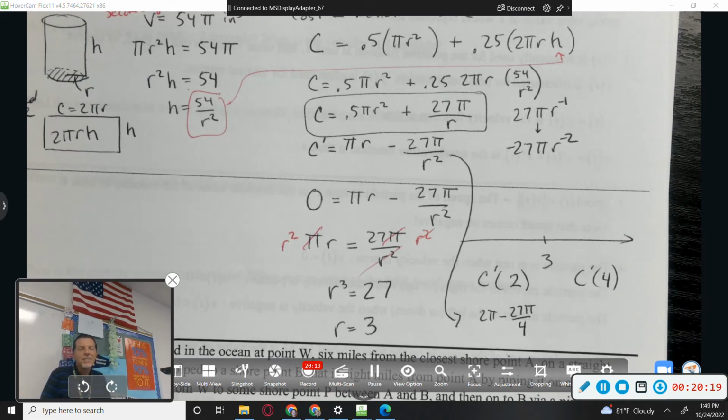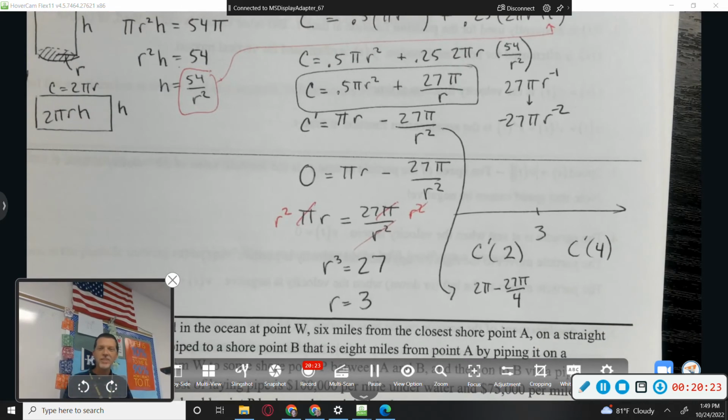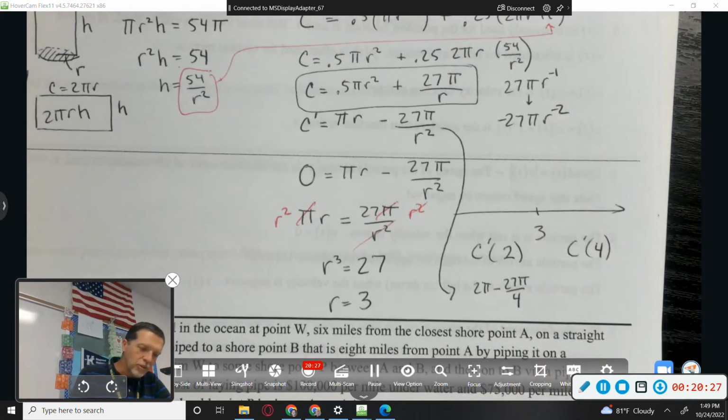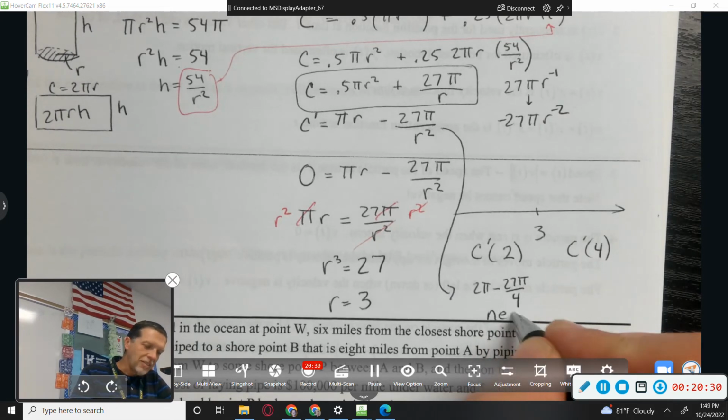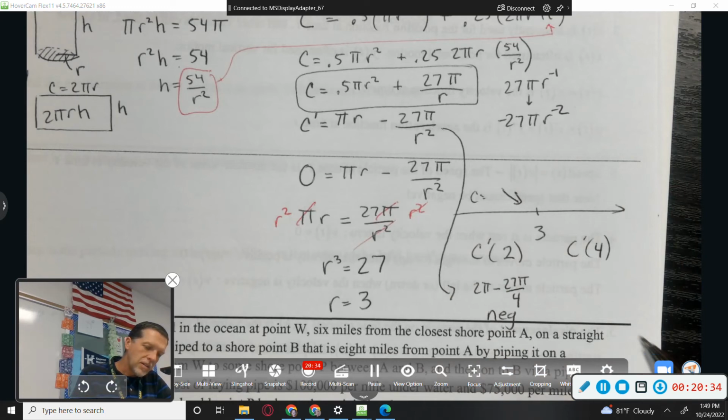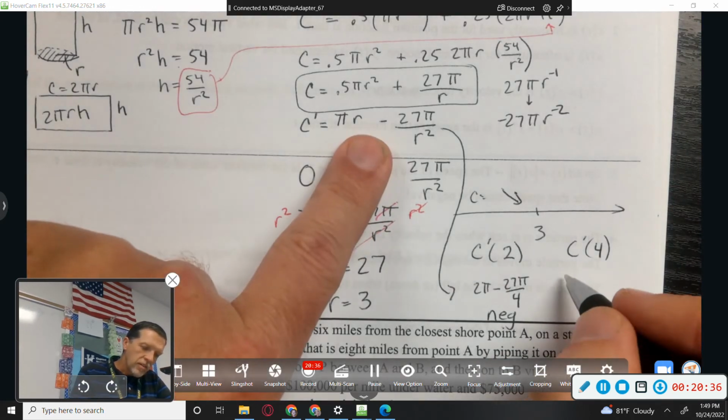It's kind of ugly, but what am I only concerned about? It's negative or positive. What's 2 pi minus 27 pi over 4? It's definitely negative. So that means C is going down. I plug in 4.